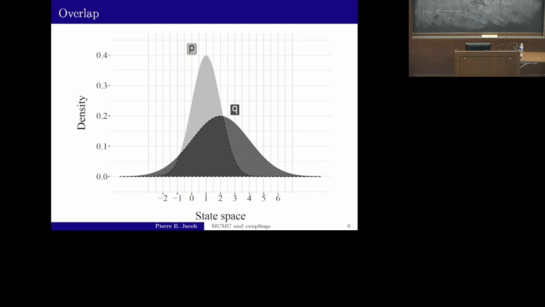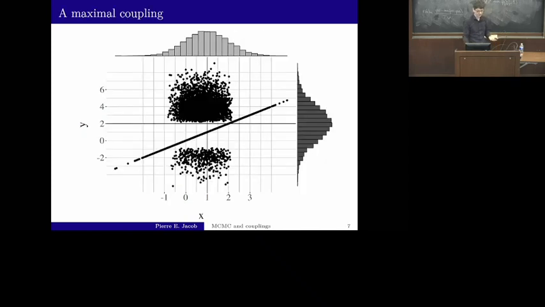You can say with some probability, I'm going to sample within the pointwise minimum, and that I can assign to both X and Y. But with the remaining probability, I sample from either this top gray bit for P or this side bit for Q. But in order to do that, you need to know how to compute the mass under the pointwise minimum. So you need to be able to perform this integral. And that is okay in dimension 1, probably, but it turns out that you don't need to do it here.